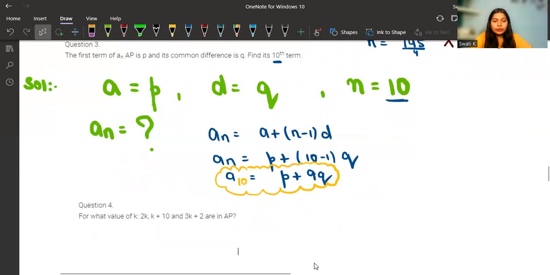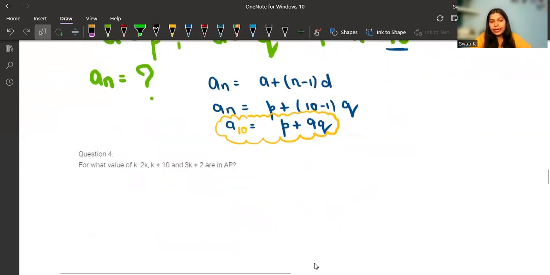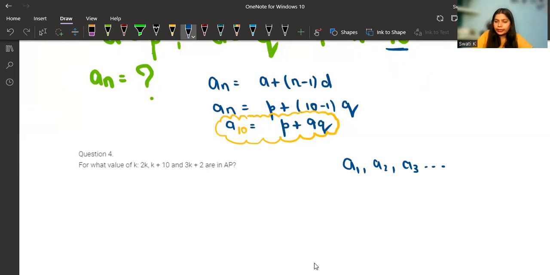For what value of k are 2k, k plus 10, and 3k plus 2 in AP? The very first condition for any sequence to be in AP is that its common difference should be constant. That means if I do A2 minus A1, because suppose I have an AP like this, A1, A2, A3, and so on till AN, its common difference should be constant if the sequence is an AP.